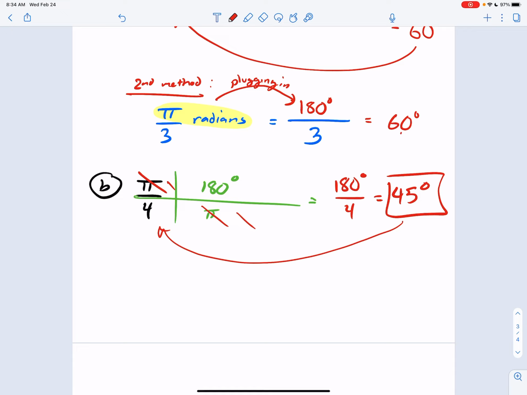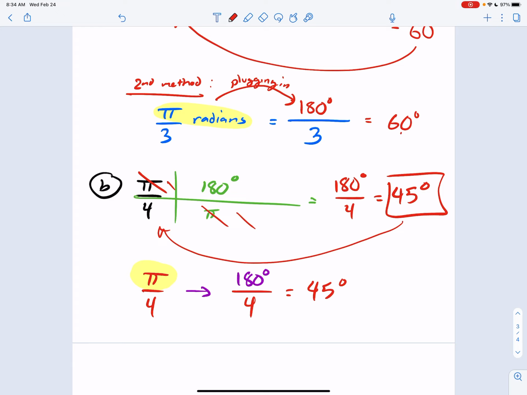Okay? Okay, the second method is to just substitute, replace the pi with the 180, which gives you 45 degrees, okay?